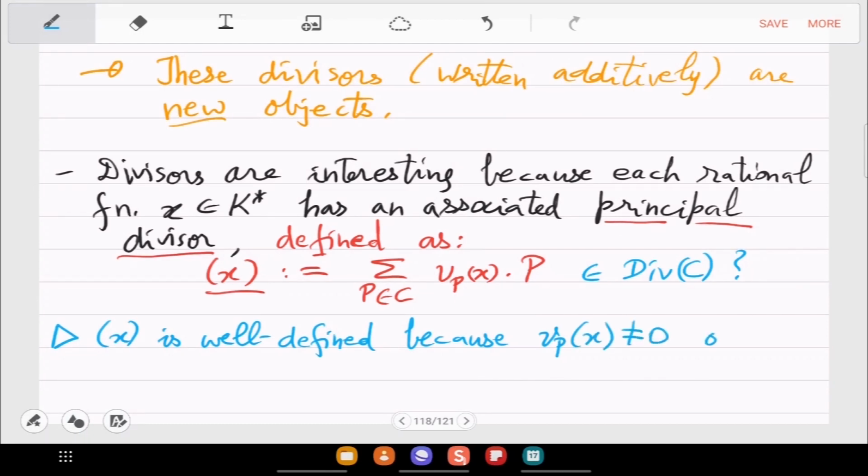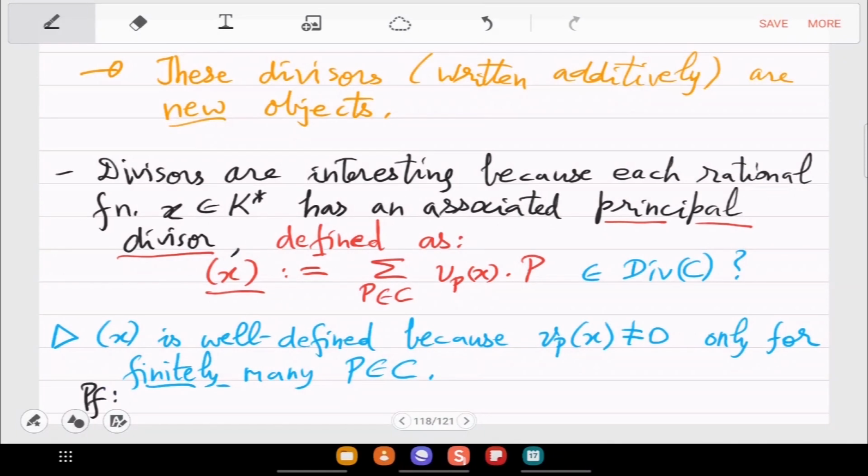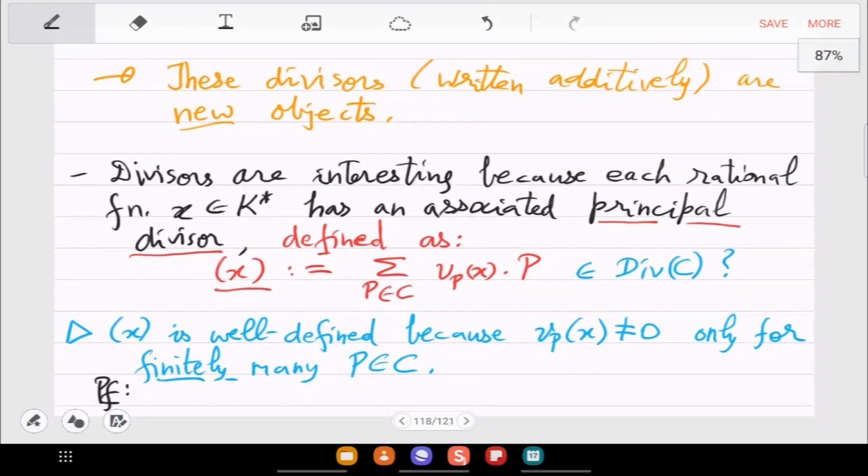Only for finitely many p. How do you show this? By now this should be easy for you. So valuation positive means that you are looking at the zeros of the function x, right?